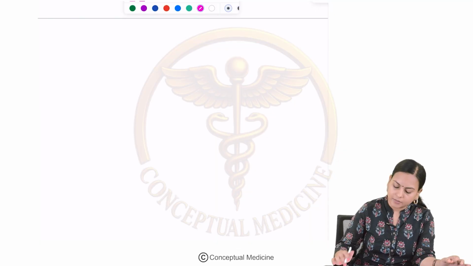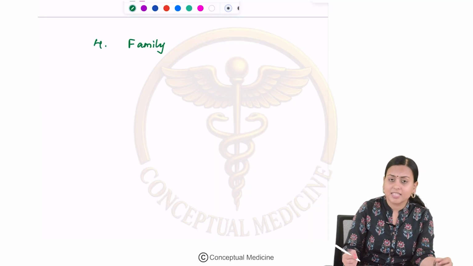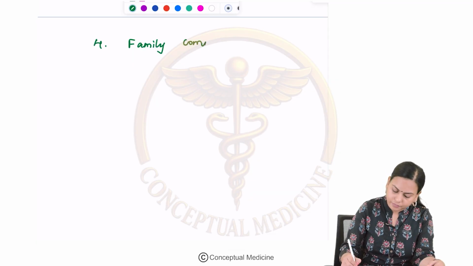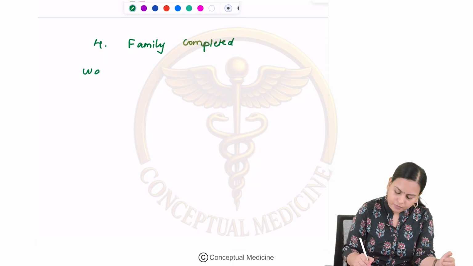And the fourth category of young women will be who say their family is completed, but they also want to preserve their uterus.